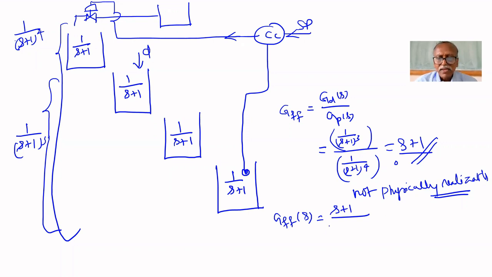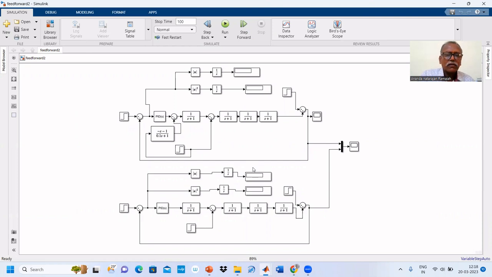In the denominator we can include a small time constant, 0.1 s plus 1, like that. Now it becomes physically realizable. This type of controller is called a lead lag network.